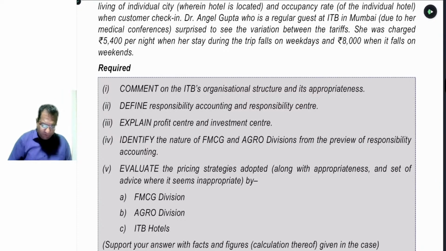What's the view of other student, beta? Please communicate. You have to identify the nature of first 2 division from the preview of responsibility accounting.